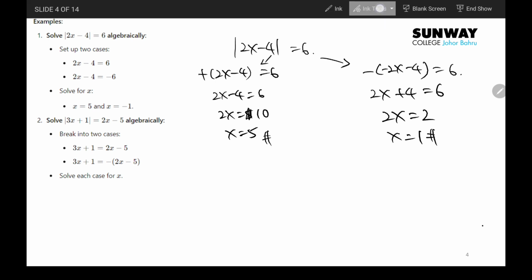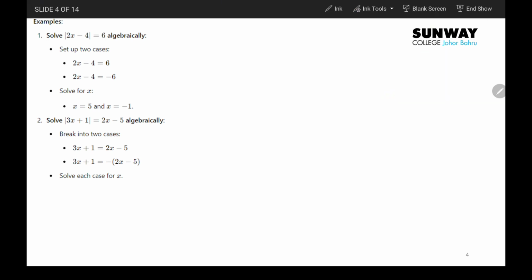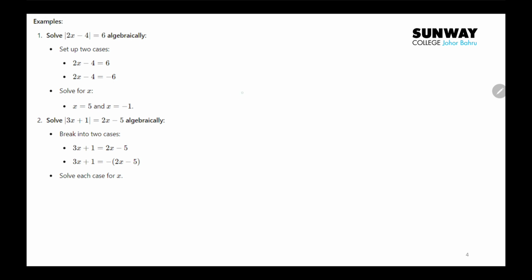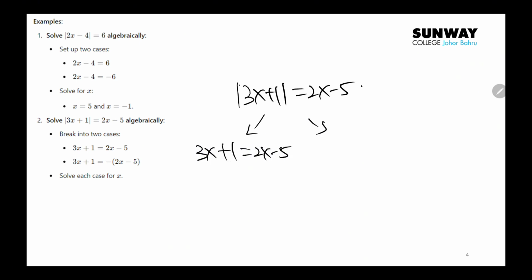Similarly, in the next example that you can see at the bottom, if you would like to solve |3x plus 1| equals 2x minus 5, again, you're going to break it into 3x plus 1 equals 2x minus 5, as well as negative (3x plus 1) equals 2x minus 5. Then you will solve them algebraically.